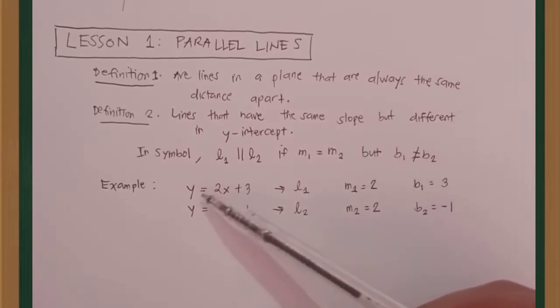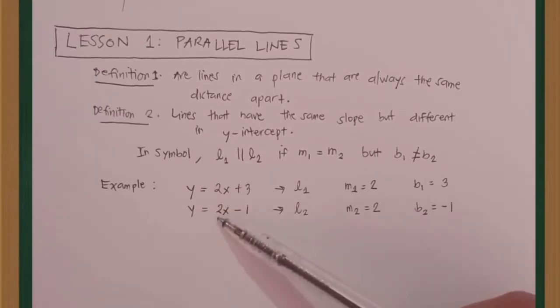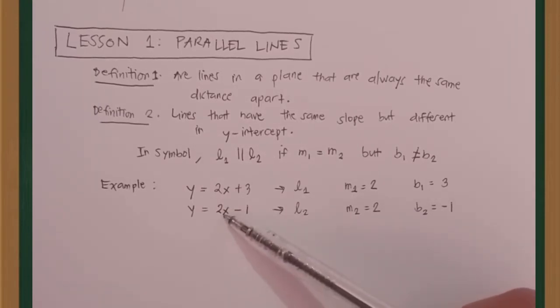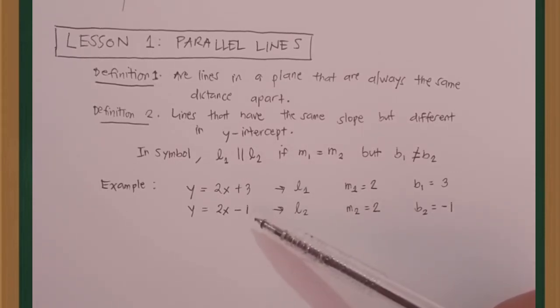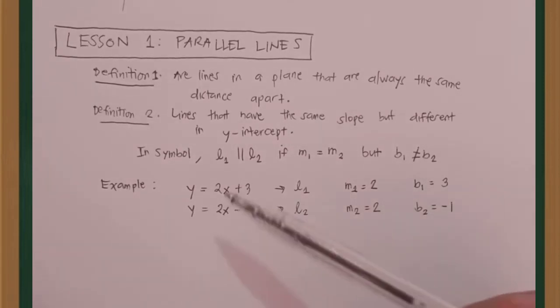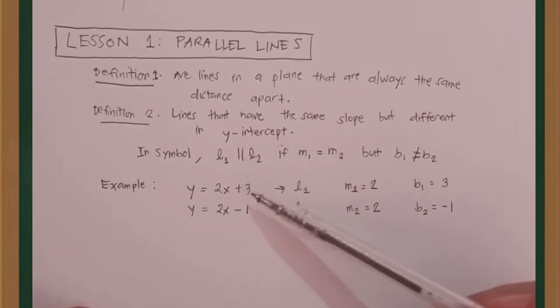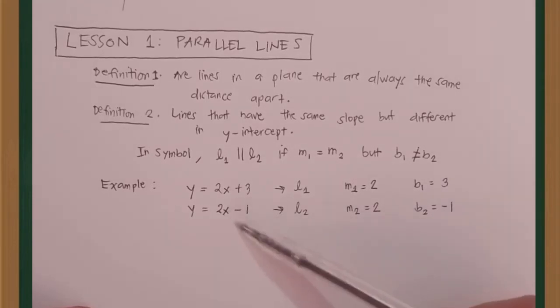So the slope of this line is 2, and the slope of the second line is also 2. So the slope of the first line is equal to the slope of the second line. Now the y-intercept of the first line is 3, and the y-intercept of the second line is negative 1.